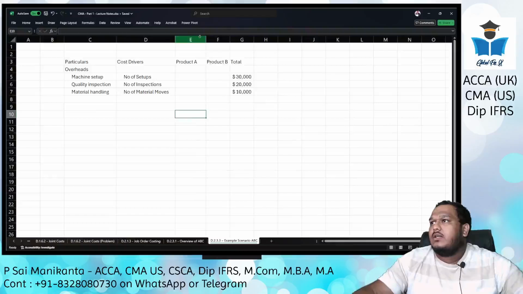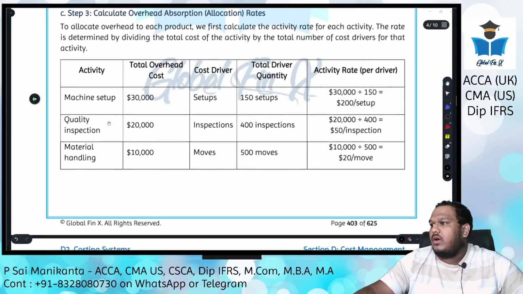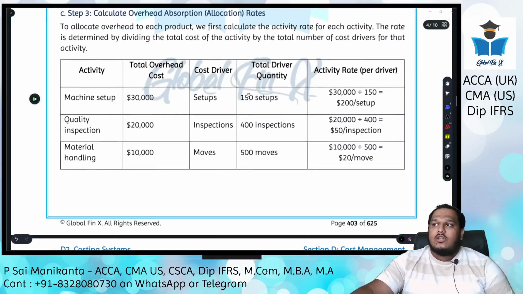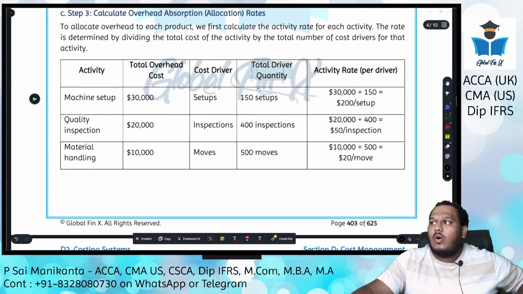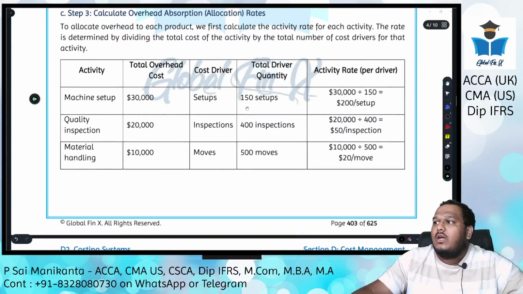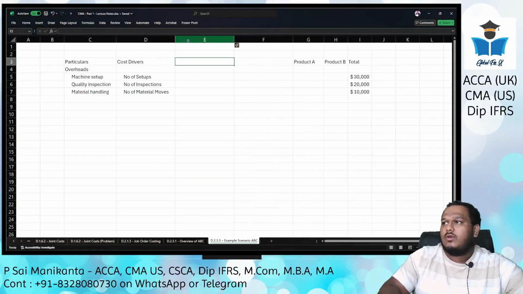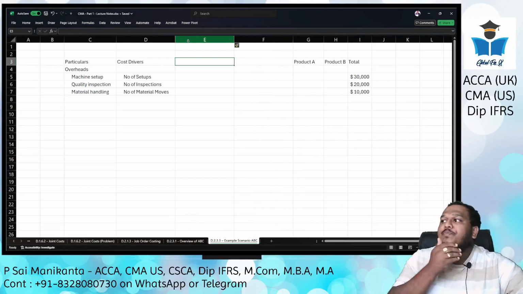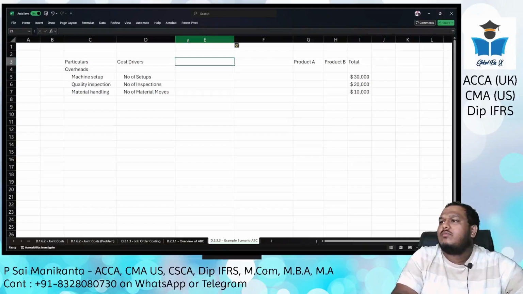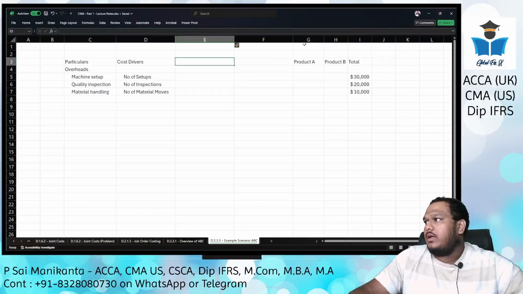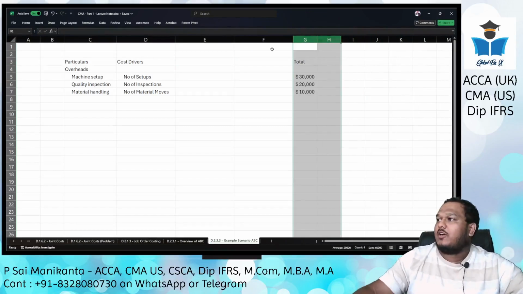They gave us the cost drivers and they also gave us the total quantity of cost drivers used, for a total of 150, 400 and 500. I'll remove product A and product B; we'll do that separately.